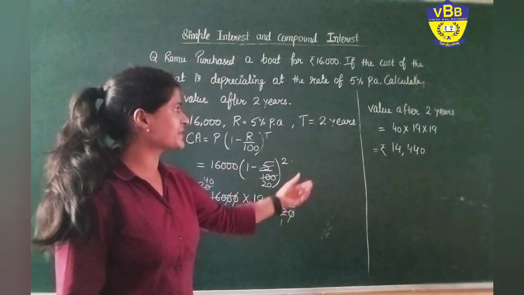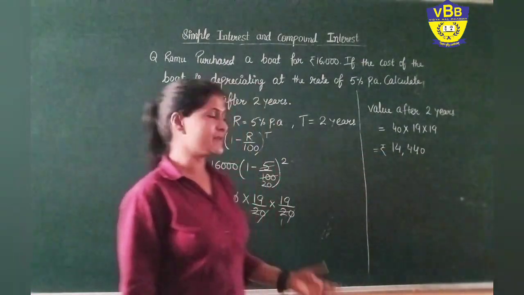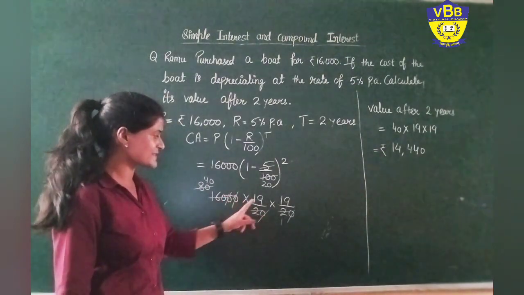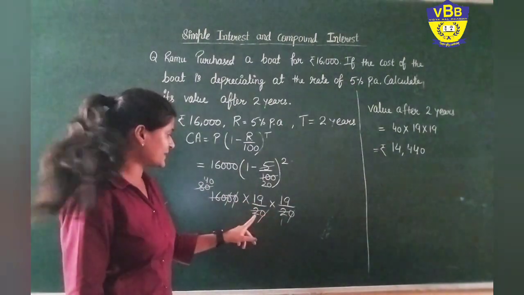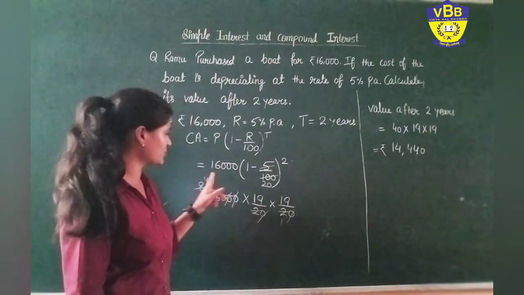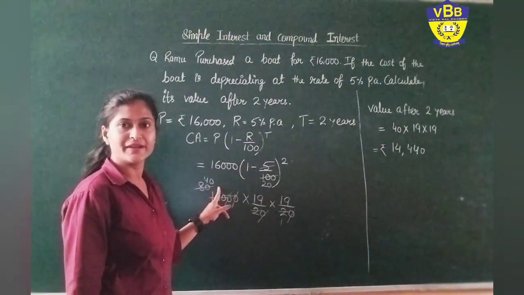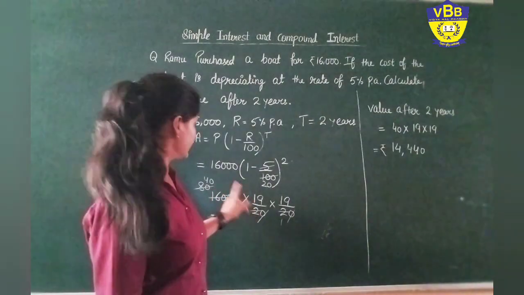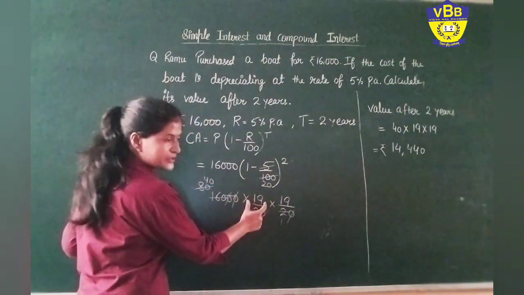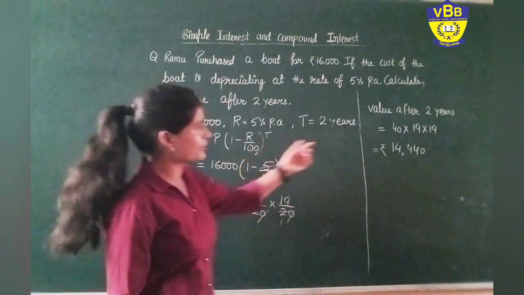19 into 19 makes 361 into 40. 20 divided by 20 cancels out: 20 ones are 20, 20 eights are 160, and 40 is the remaining part. In the numerator, 40 into 19 into 19, here we will multiply.